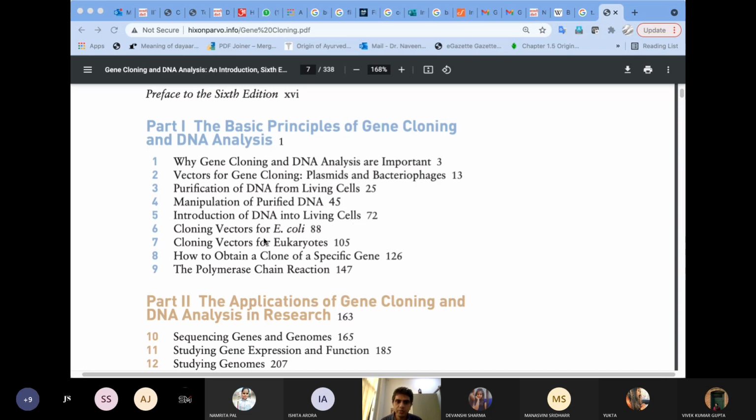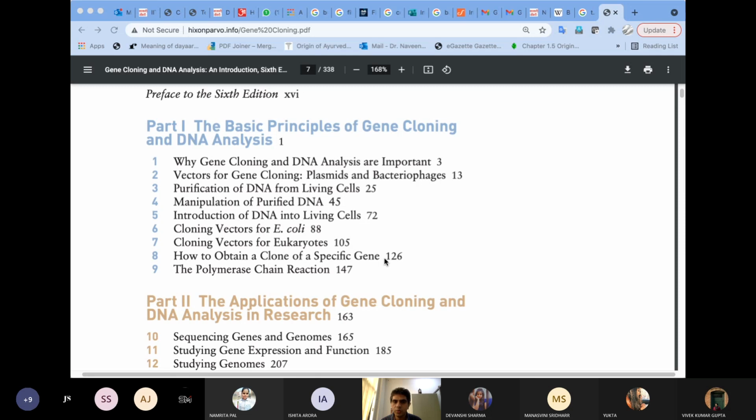And cloning vectors for E. coli. Here you are specifically talking about what cloning vectors you are going to use if you are working with E. coli. Then cloning vectors for eukaryotes. If you want to clone in eukaryotes like yeast, animal cells, or any other cells that are eukaryotic in nature, what type of vector do you need?